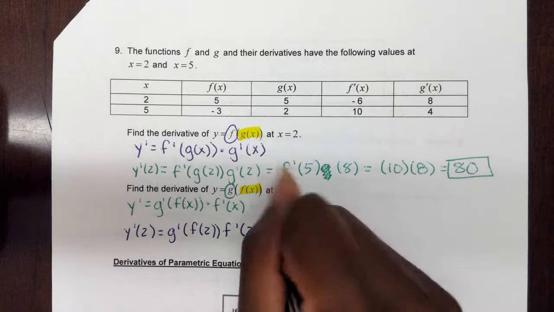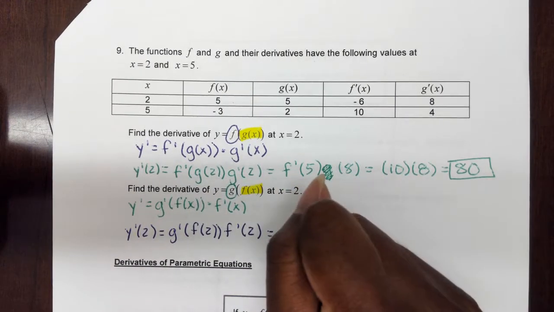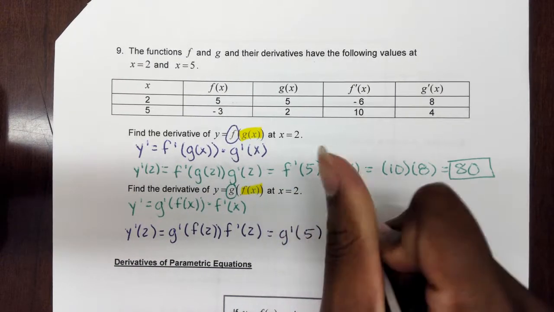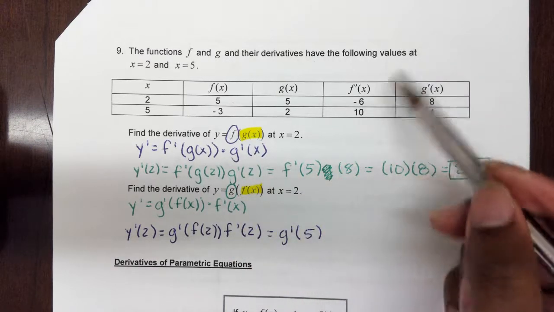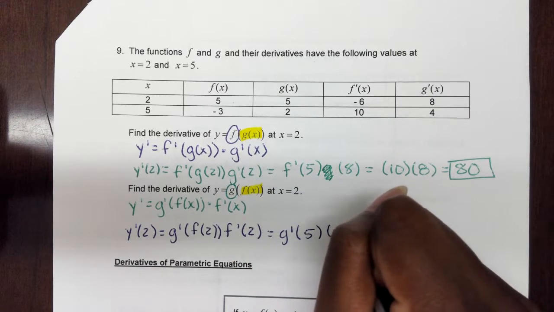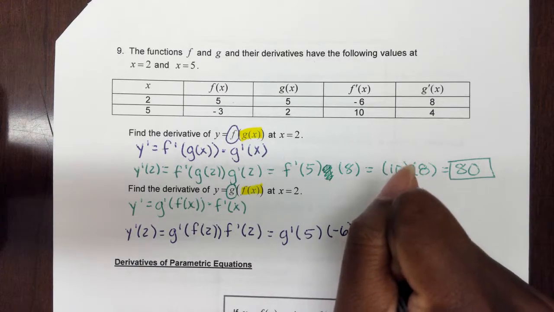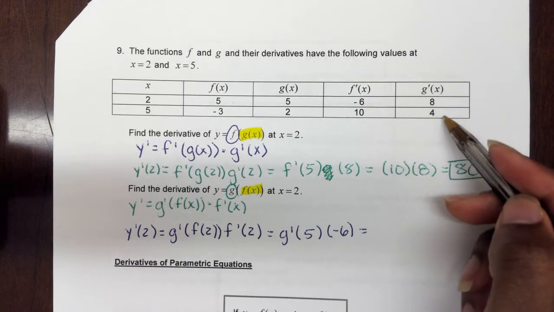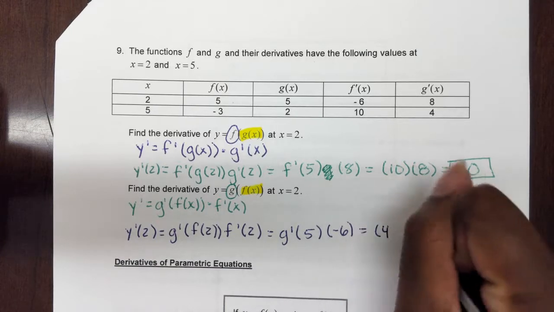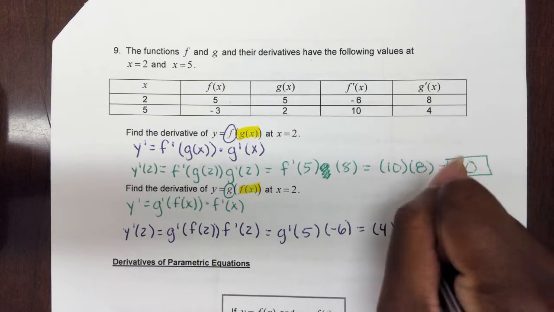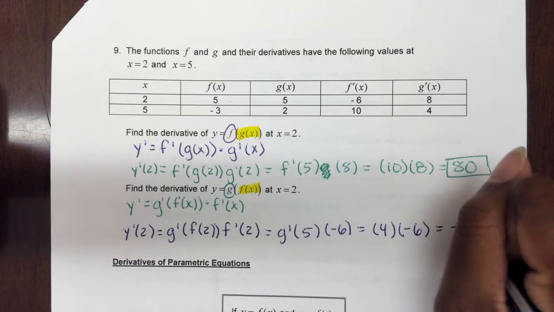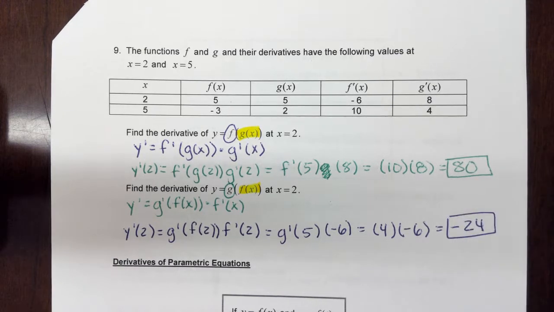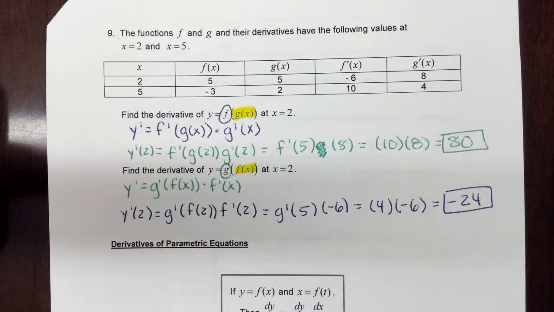F of 2 is 5, so g prime of 5 times f prime of 2, which is negative 6. G prime of 5 is 4 times negative 6 gives us negative 24. You have a few of these problems in your problem set as well, so you can definitely use that to practice.